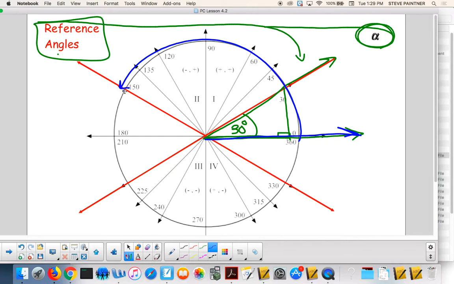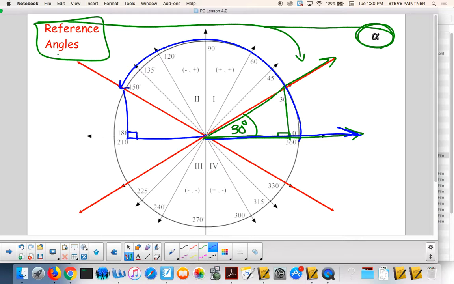Draw it straight down from the terminal side to the x-axis, perpendicular, and back to the origin. Where's the reference angle now? What does that mean? You pointed at it. Like the left side. The left side over here? Yep.